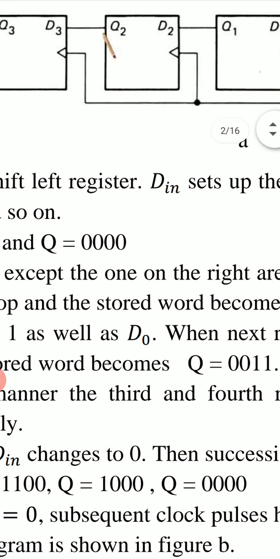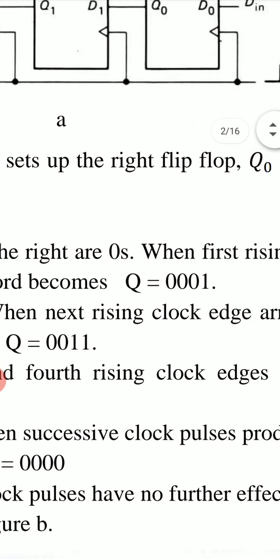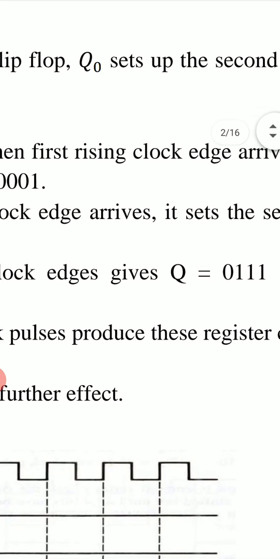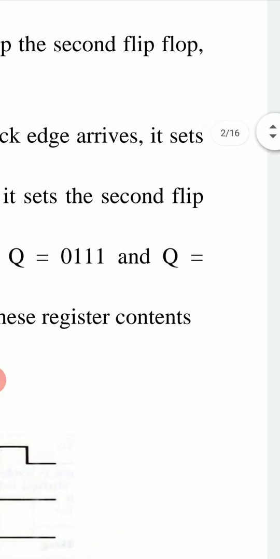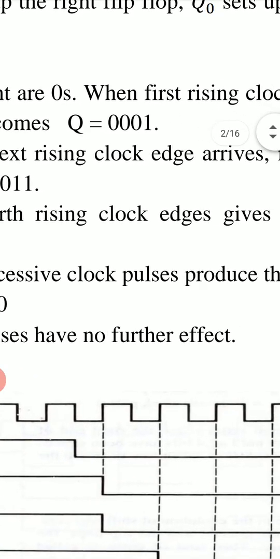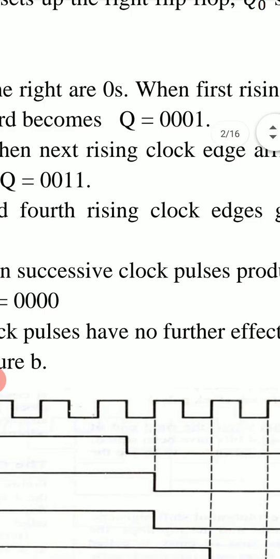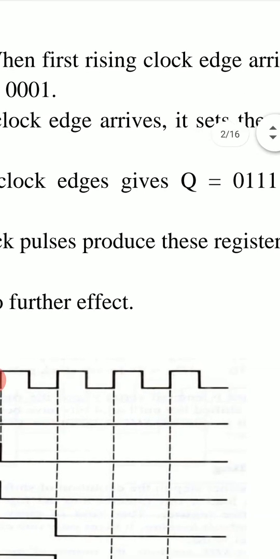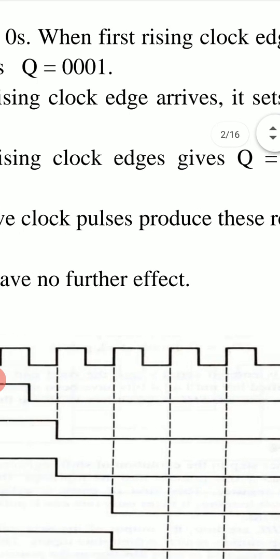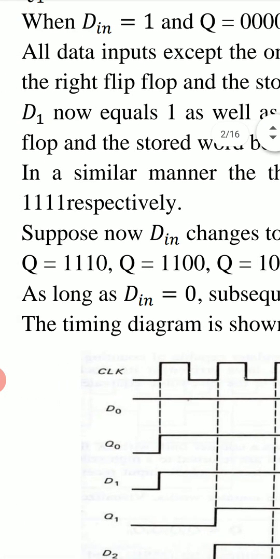and the word Q changes from 0, 0, 0, 0 to 0, 0, 0, 1, and for the next positive clock edge it changes to 0, 0, 1, 1. Then for the next positive clock edge it changes to 0, 1, 1, 1, and then it changes to 1, 1, 1, 1.